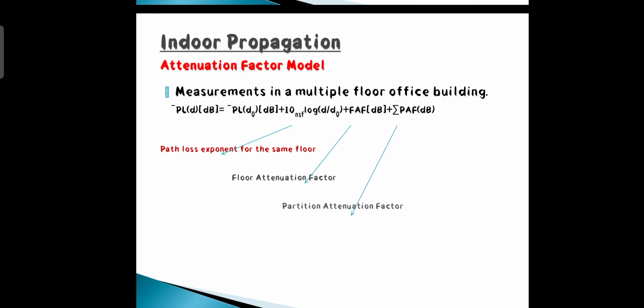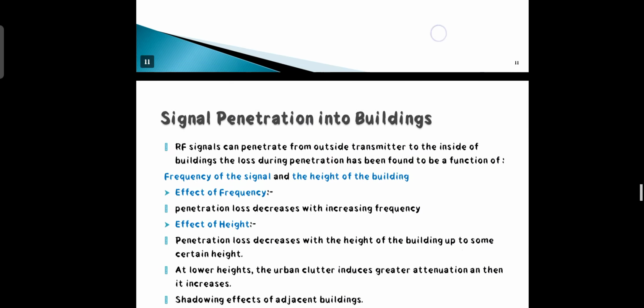Here, 10 n_SF log(d/d0) is the path loss exponent for the same floor, FAF in dB is the floor attenuation factor, and the summation of PAF in dB is the partition attenuation factor.